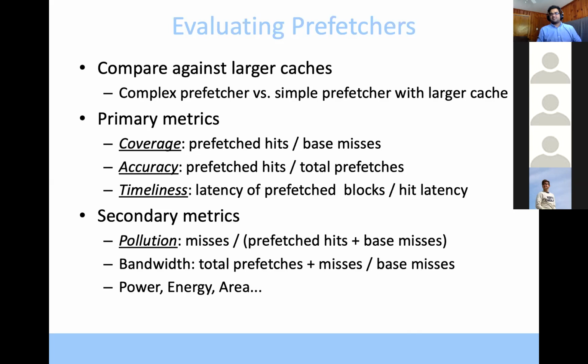Like if the working set of the piece of code that you're running is actually limited to some small thing, and the prefetcher is just running ahead and bringing all sorts of random stuff in. Are you wasting bandwidth? Are you wasting power, energy, area? All of these things to think about when evaluating a prefetcher.